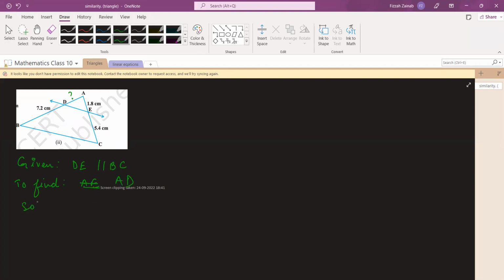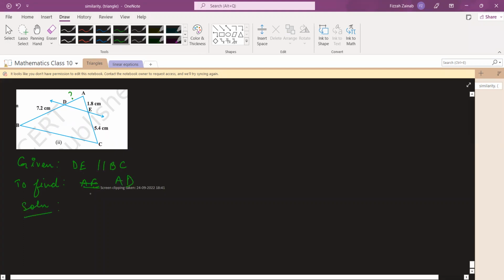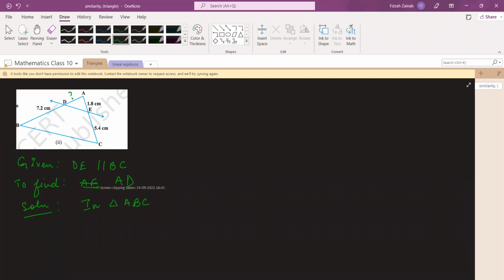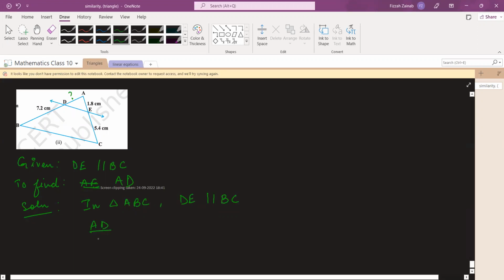Okay, so solution. Again, we take the full triangle ABC. So in triangle ABC, right? So we say that DE is parallel to BC. Therefore, from BPT, we can say that AD upon DB is equal to AE upon EC, right? From BPT.